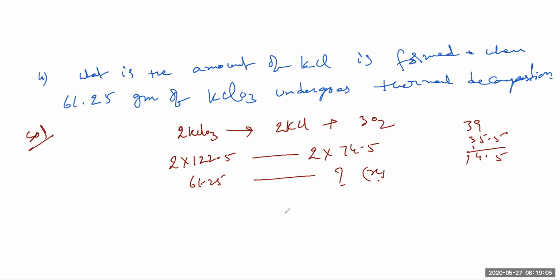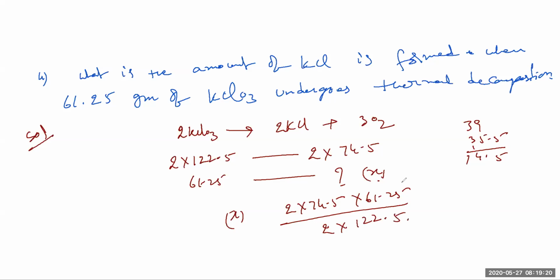X is equal to 2 into 74.5 into 61.25 by 2 into 122.5. The 2s cancel. Yeah, 37.2. Right, correct answer. Okay, it's correct.